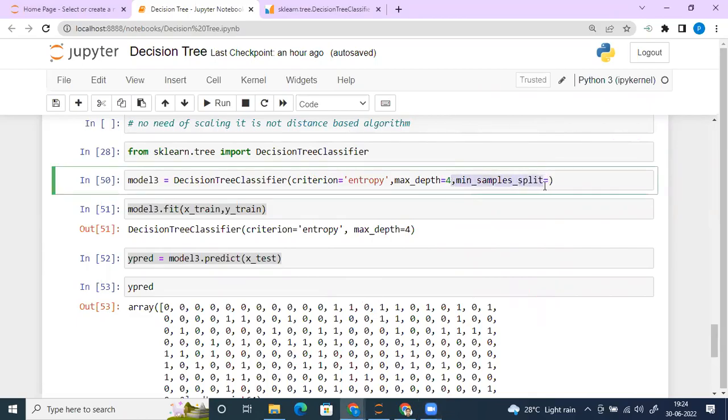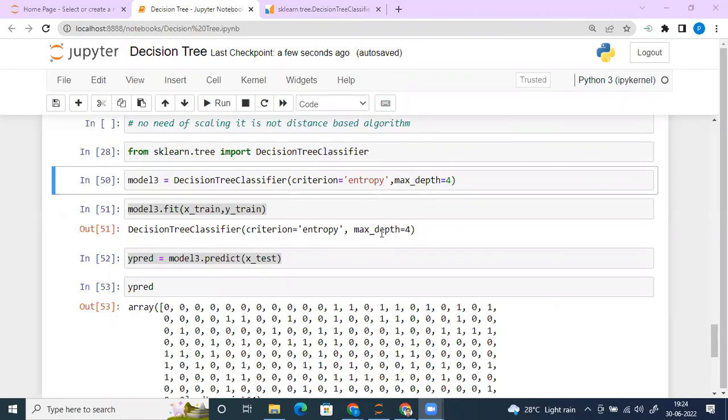Hardik, are you there? I'm not able to hear his voice. Oh, he's not there, I think. Okay. Varun, Swati ma'am, others, please, any doubt? Please say yes or no, so I come to know that you are understanding or not.